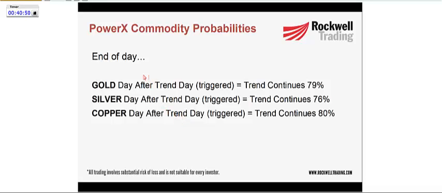So those are the indices that I personally am following right now. Here we have gold, day after a trend day, if triggered, the trend continues 79% of the time. Silver, the day after a trend day, if triggered, the trend continues 76% of the time. Copper, 80% of the time.